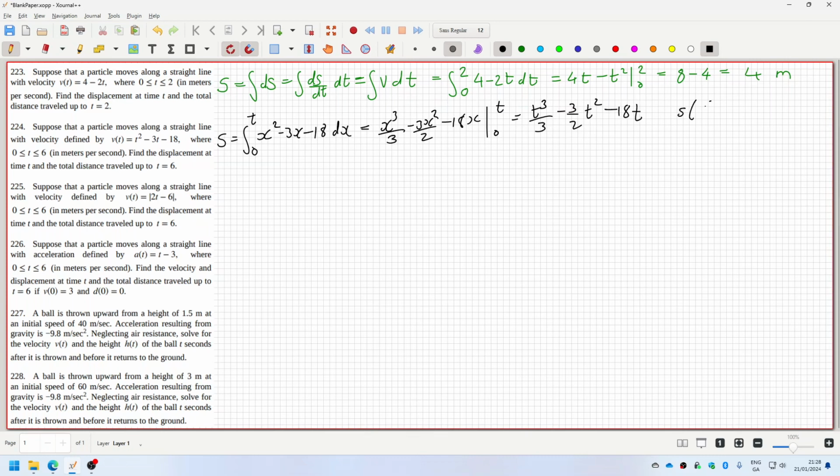So s at 6 would equal, calculator, 6 cubed divided by 3 minus 3 over 2, 6 squared minus 18 times 6. That's 6 cubed divided by 3 minus 1.5 times 6 squared, and that's minus 90 meters.